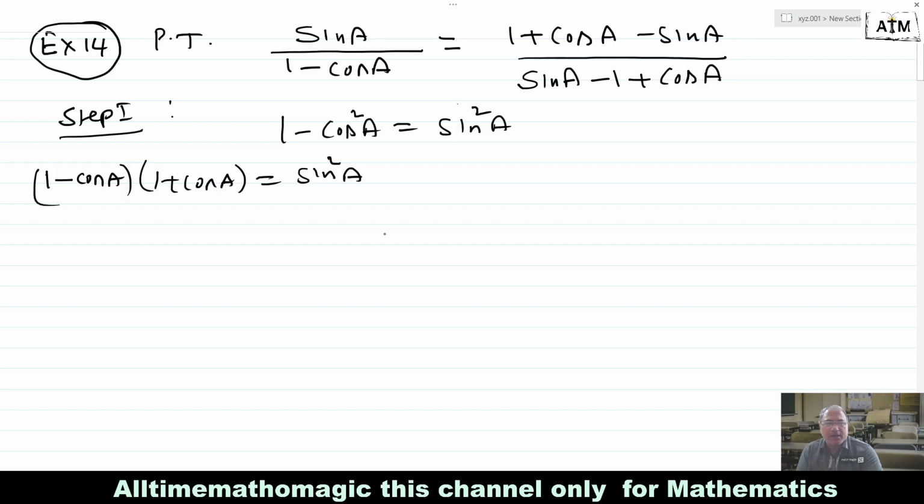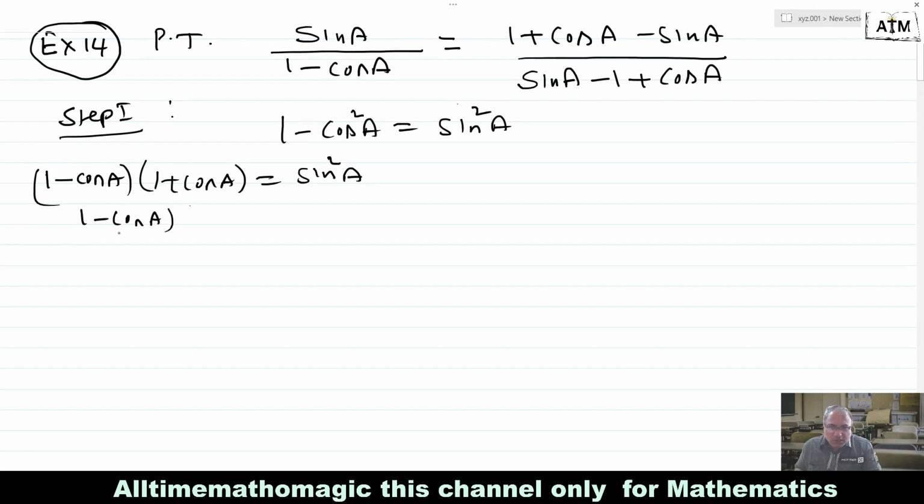If you directly try to solve this LHS and RHS, it will become very big. The solution is possible, but it will become very big. But by applying this logic, by applying the theorem of equal ratio, it can be solved in very few steps.